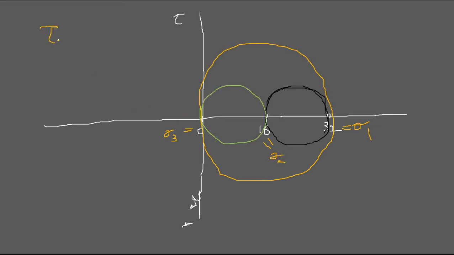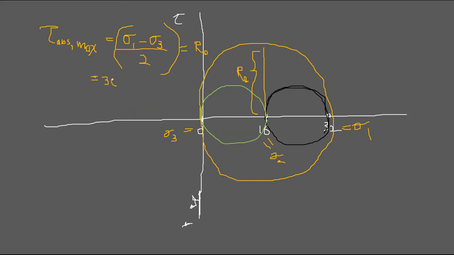So your absolute maximum shear stress will be given by what? Sigma 1 minus sigma 3 divided by 2, or else the radius of the bigger circle. Let's say this is R0. So that will give you 32 minus 0, divided by 2, that's 16.